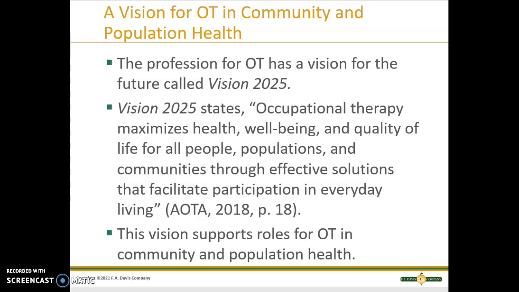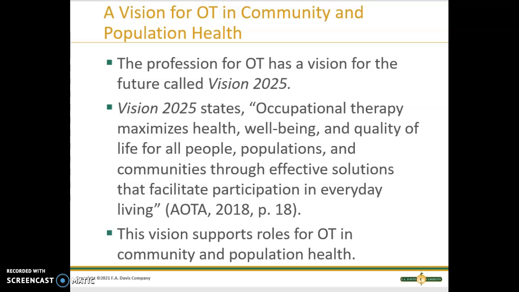A vision for OT in community and population health is clearly supported by our Vision 2025 statement. The Vision 2025 states, occupational therapy maximizes health, well-being, and quality of life for all people, populations, and communities through effective solutions that facilitate participation in everyday living.